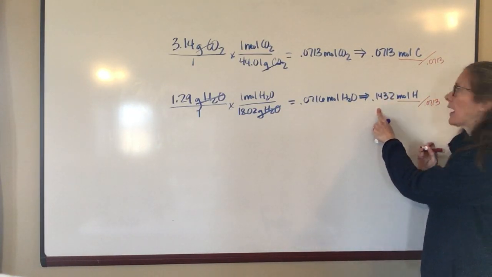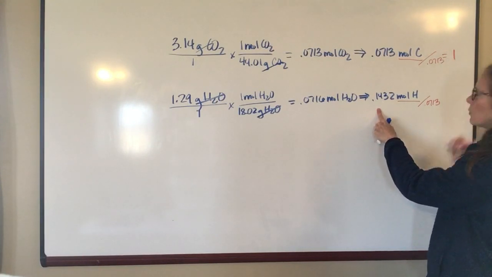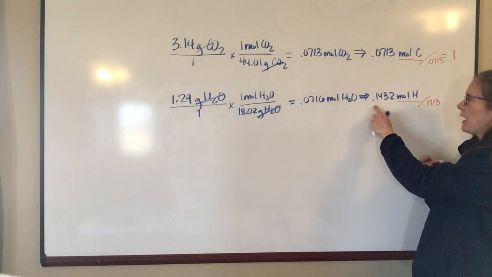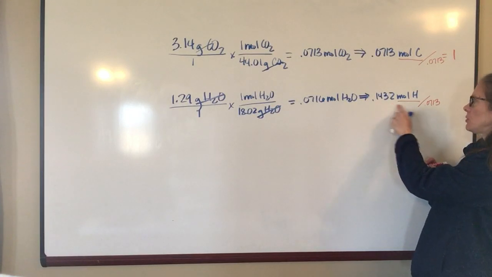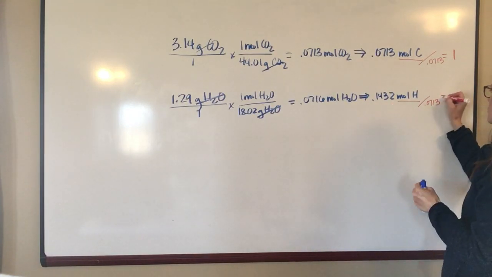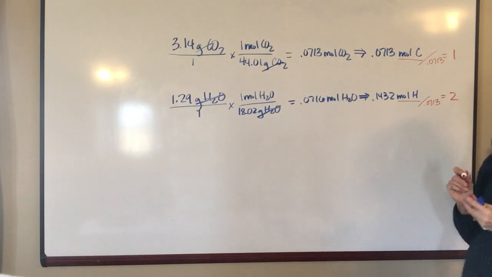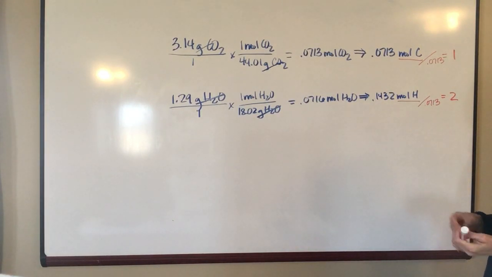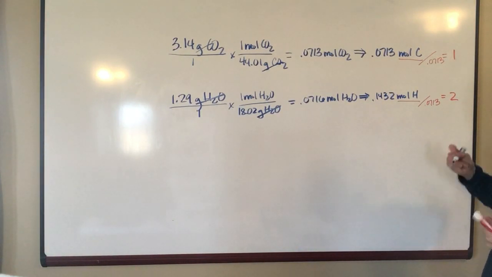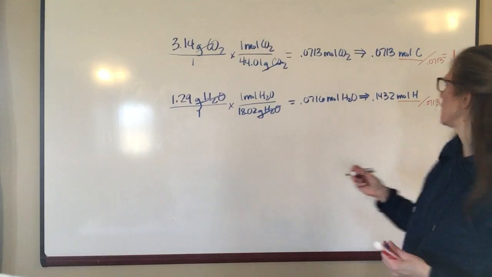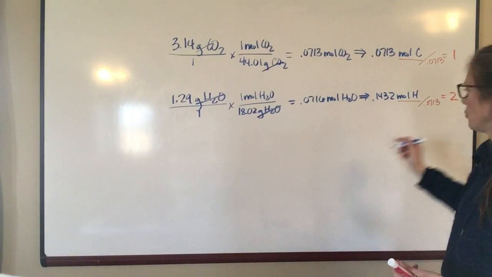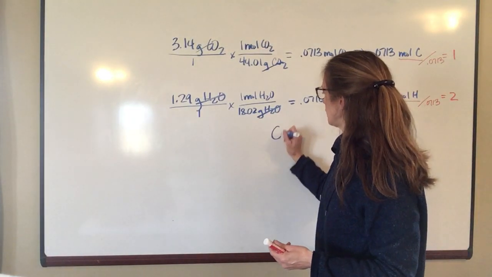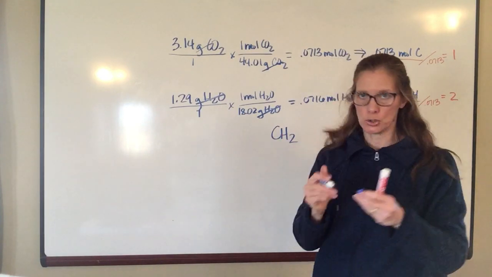And when I do that, I will end up with 1 up here. And if you take 0.1432 divided by 0.0713, you're going to come up with 2 down here. And so therefore, your empirical formula here is 1 mole of carbon for 2 moles of hydrogen. So the empirical formula is CH2.